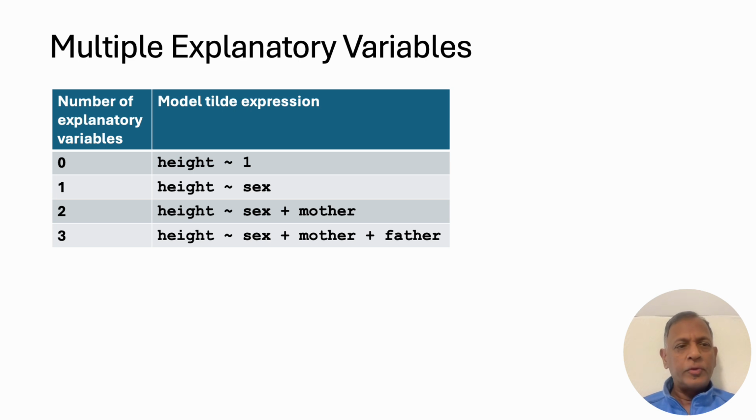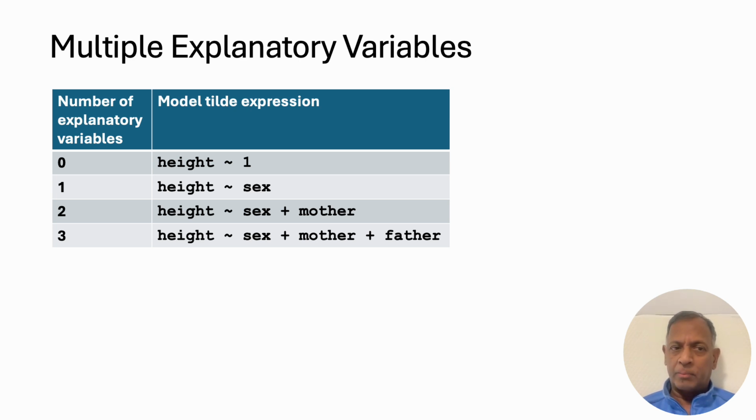Now, of course, we could consider multiple explanatory variables. First we could say height tilde 1 is the model with no explanatory variables. Height tilde sex is a model with sex as the explanatory variable. But we could have multiple explanatory variables.